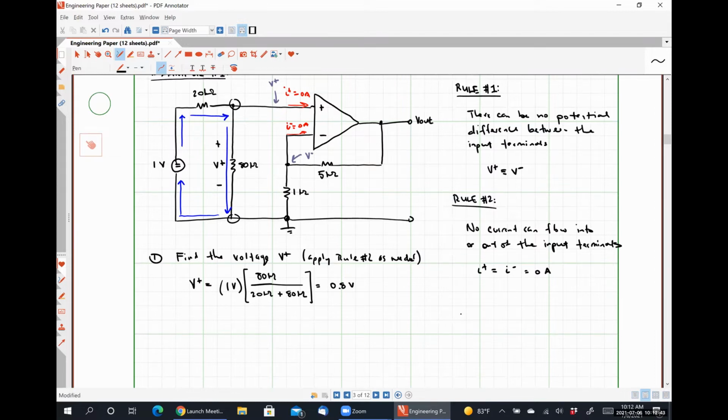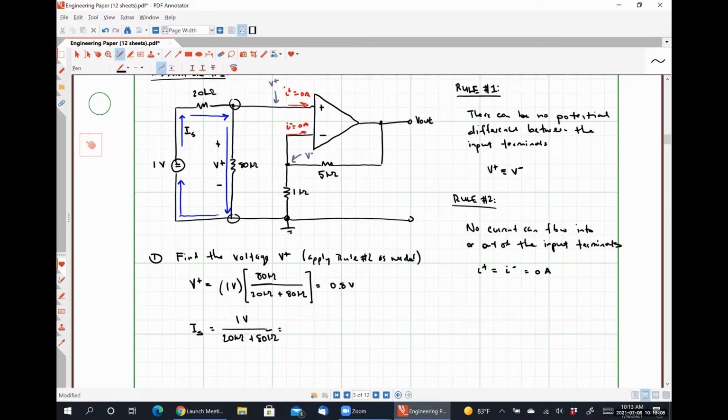Using the other way that was suggested, I'm just going to call this current IS. IS would be 1 volt divided by 20 kilo ohms plus 80 kilo ohms.